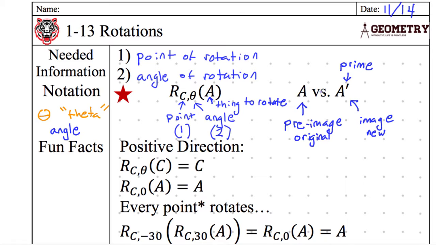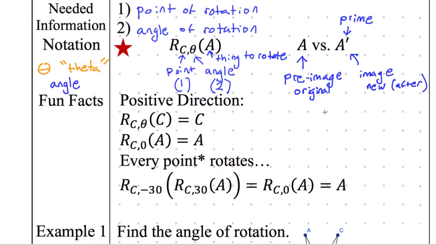After I apply it, I get this image. This is the before, this is the after. Whenever you see a prime, you should say, uh-oh, something has happened to the original A. I have either rotated it, dilated it, reflected it, or translated it. I've done something to it to get to A prime, because that is the image. The pre-image is the original.